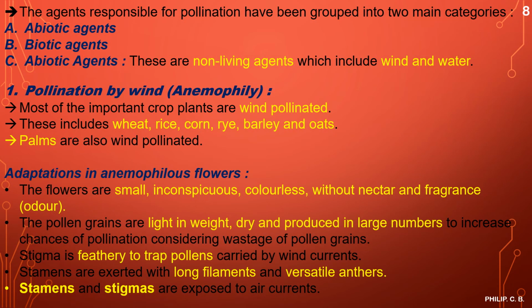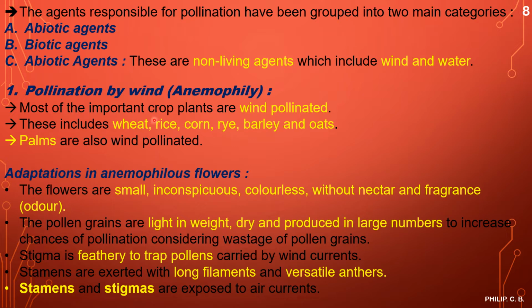Now coming to the next part, in detail: the agents responsible for pollination have been grouped into two main categories, abiotic and biotic. Abiotic agents are non-living things which include wind and water. So two non-living agents, wind and water. Pollination by wind is called anemophily: anemo, wind; phily, pollination.